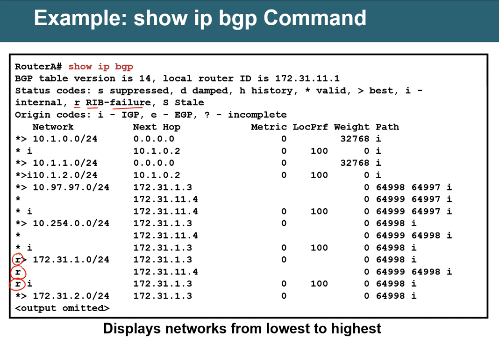What does it mean then? It means that this particular network is given by BGP, and also some other sources are giving it to this router A. Router A is receiving this network from BGP and also from some other source, for example OSPF, RIP, or a static route.